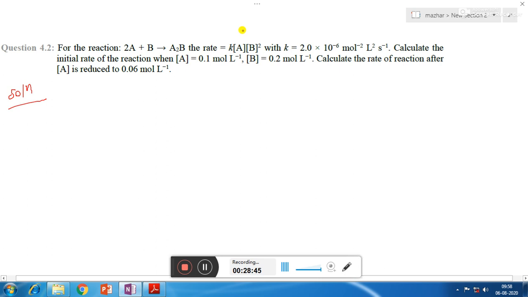Then calculate the rate of reaction after A is reduced to 0.06 mole per liter. So here first of all we have to find out the initial rate of reaction. So that is equal to K into concentration of A into concentration of B raised to 2.